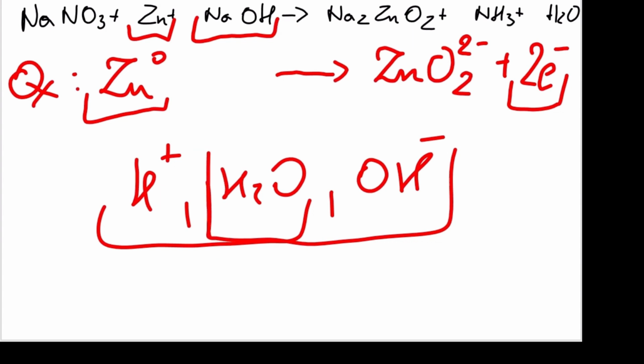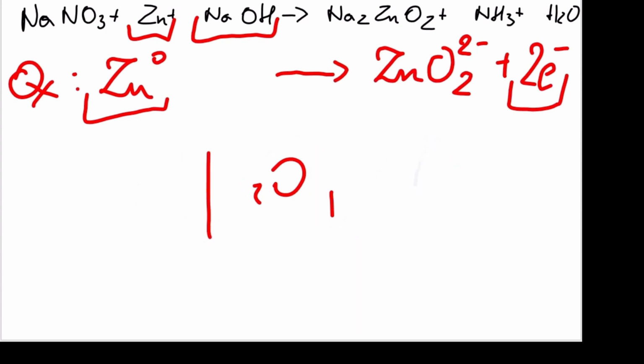So we need to put water particle and hydroxide anions here. Okay, and you remember that on the side where the electrons are, we need to put the particle with the higher oxidation state, with the higher charge.